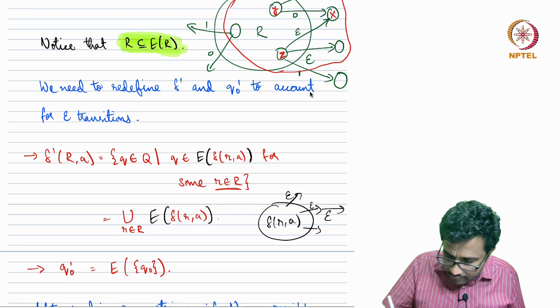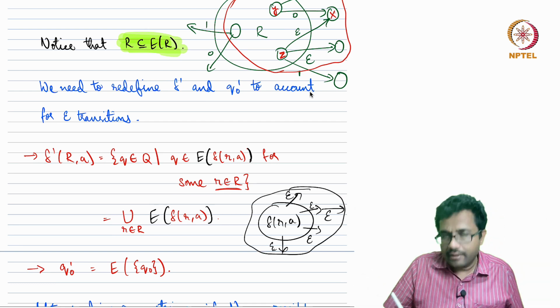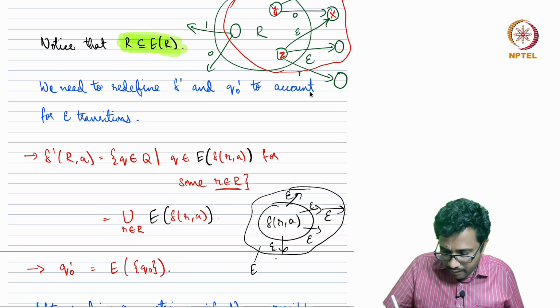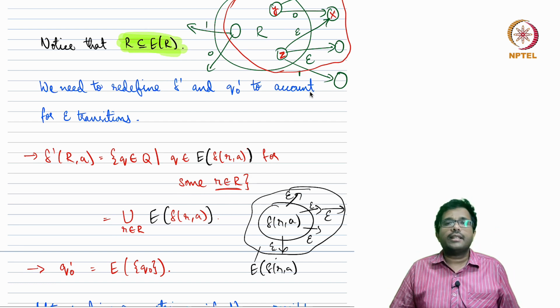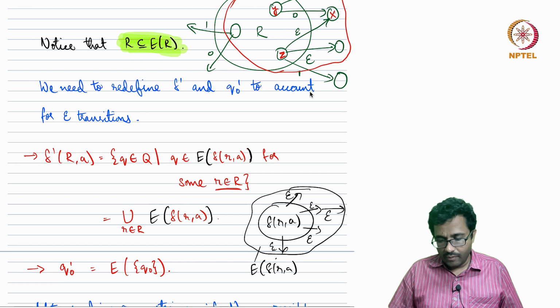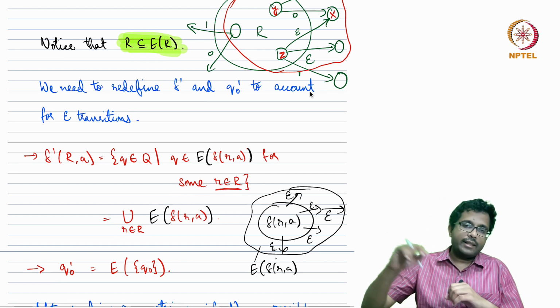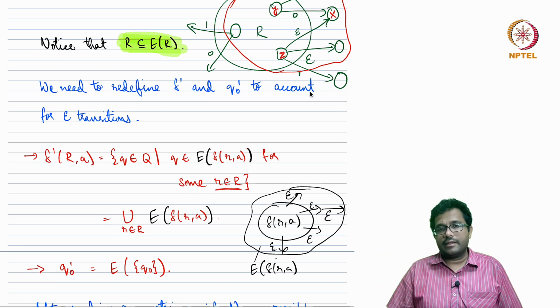So we want to include these as well. So now we draw a bigger circle, which is basically E of delta rA, the set of states that you can reach from delta rA by using epsilon transitions, right. So this takes care of all the transitions. After each transition, we are saying where all you can possibly be by using epsilon transitions.